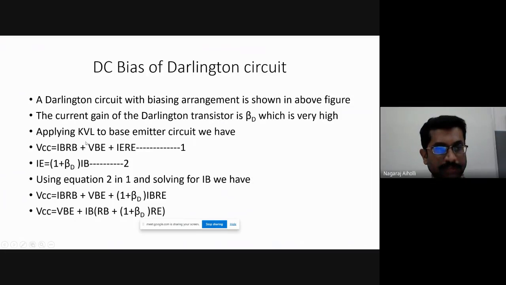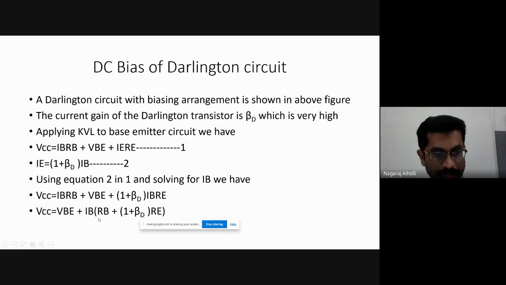So the same equations I have written. Applying KVL to the base emitter circuit, we have VCC is equal to IBRB plus VBE plus IERE. IE is 1 plus beta D into IB. Put equation 2 in equation 1 and solve for IB. We get VCC is equal to IBRB plus VBE plus 1 plus beta D into IBRE, or VCC is equal to VBE plus IB into RB plus 1 plus beta D into RE.